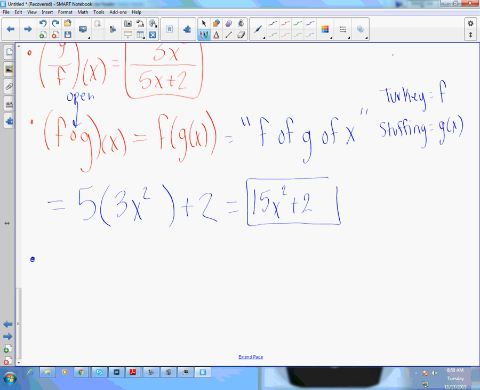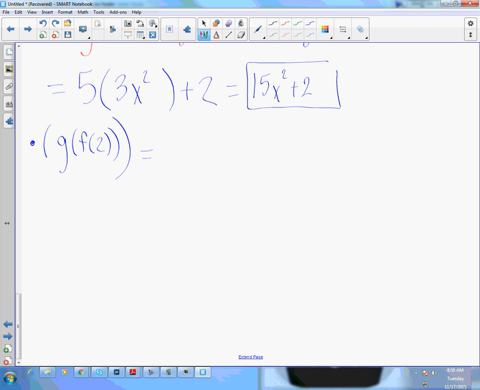Okay, last one. If the turkey is on the outside, the stuffing is G of 2. So we start with the outside, the turkey. G was 3x squared, but with the x's, put big parentheses.